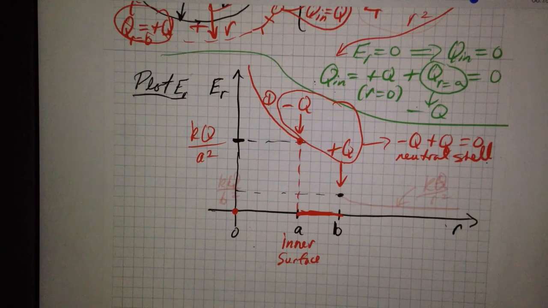So what do things look like outside? Well, outside, you just have kQ over r squared, so we can plot that at little r equals b. This is at the outer surface of our shell. You're simply going to have a field equal to kQ over b squared. Let me clean that up a bit because this is getting in the way.